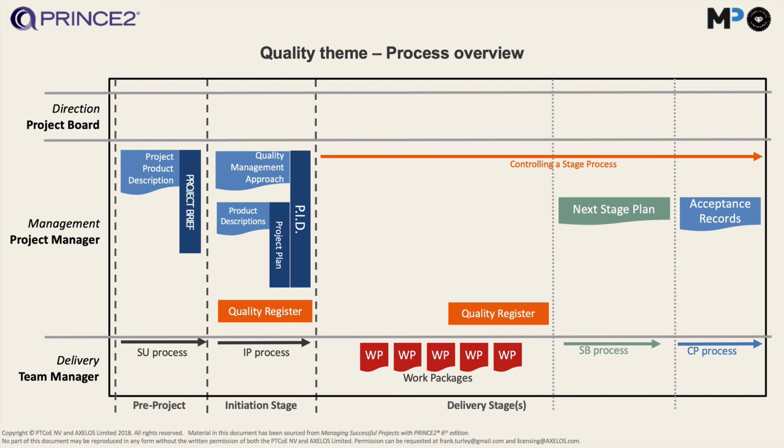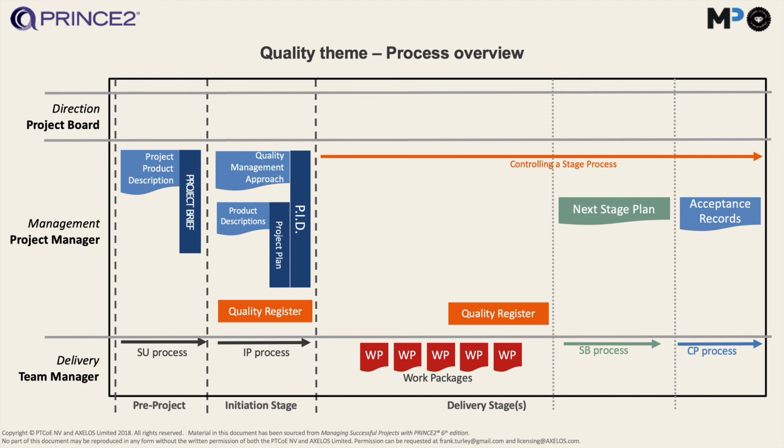And the very last thing that we do in closing a project, we actually hand over the acceptance records to the people who are probably paying for the course, our customer, and that will come right back from the information that we gathered in the beginning of the project product descriptions. That's defined there.